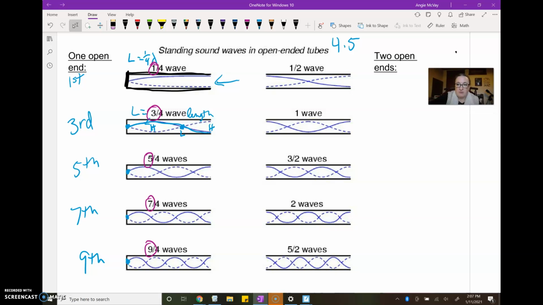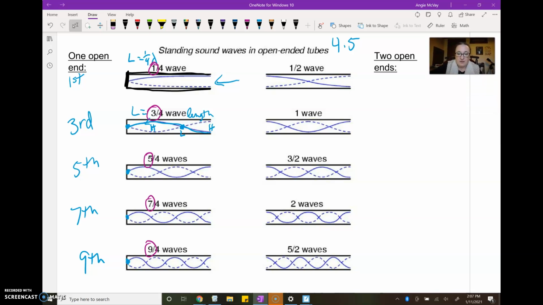Okay, now with two open ends, what you get is there's no fixed boundary. The pipe is open at two ends. So for it to resonate and produce the highest volume, you'd have to have an antinode at both ends.